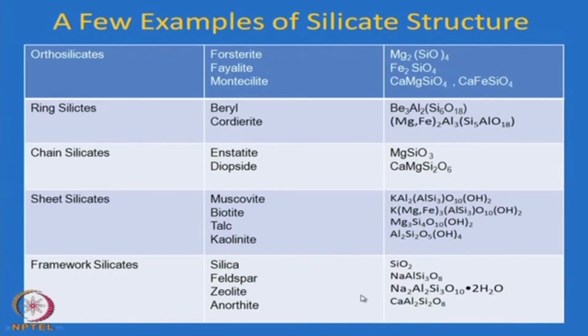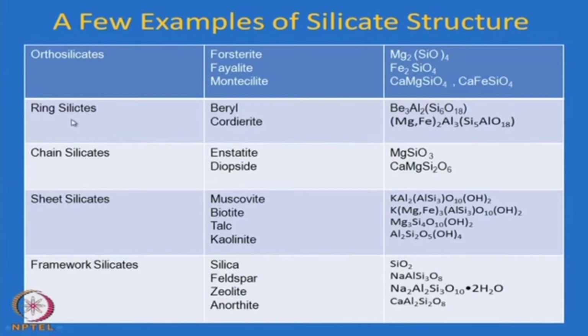Framework silicates. When you go hierarchically from orthosilicate to ring silicate, the basic difference is that here there is no bridging oxygen, that means there is no oxygen connected between two silicon ions.